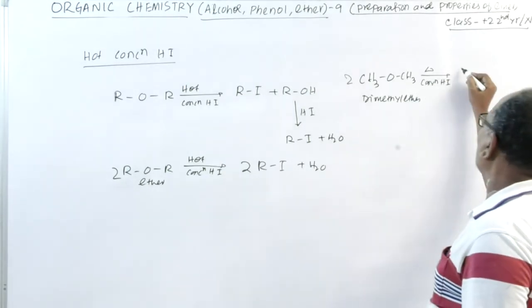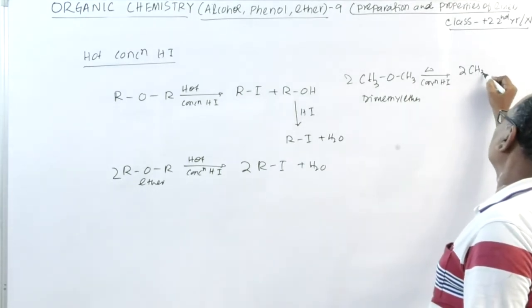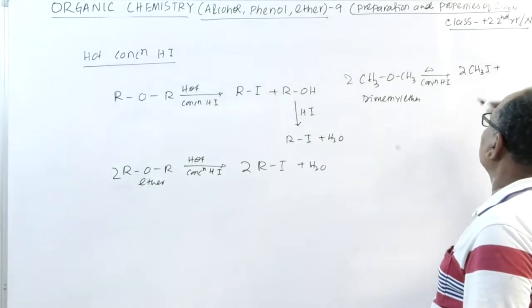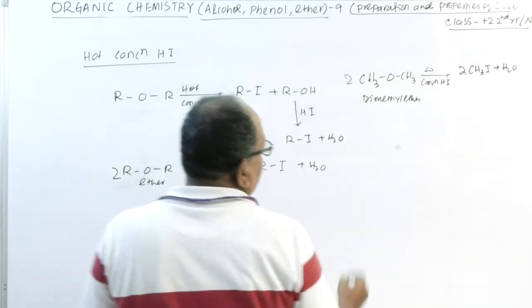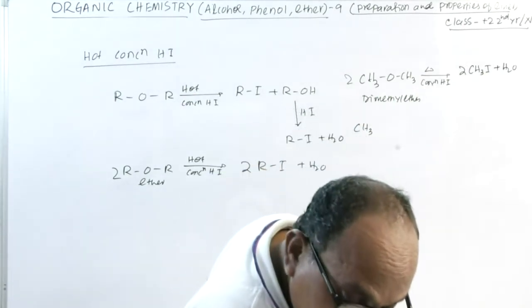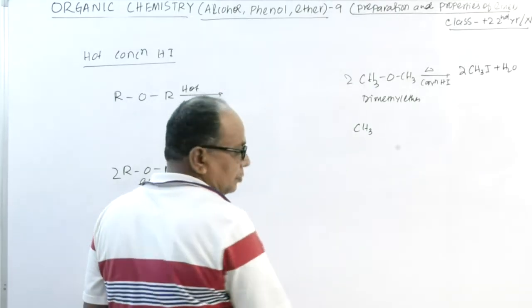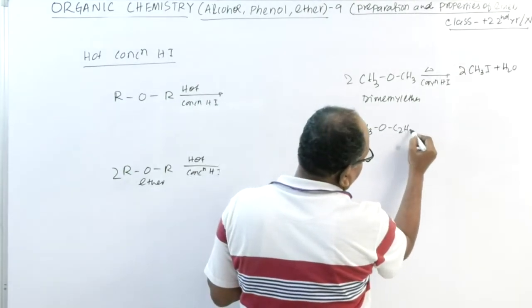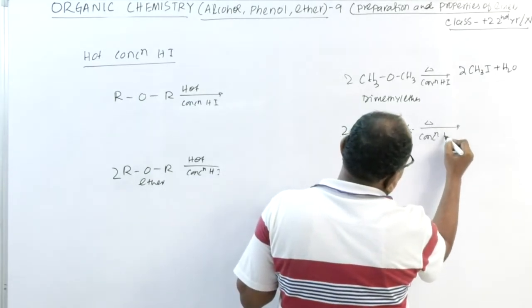It gives two molecules of CH3I plus H2O. Suppose you take CH3OC2H5, heat with concentrated HI.